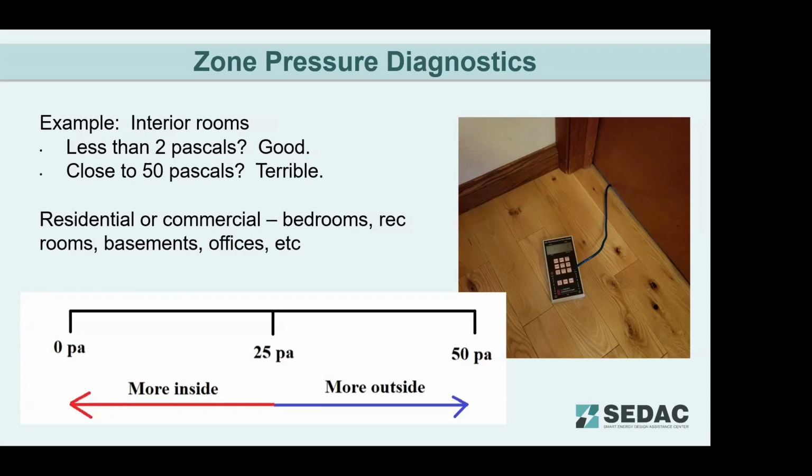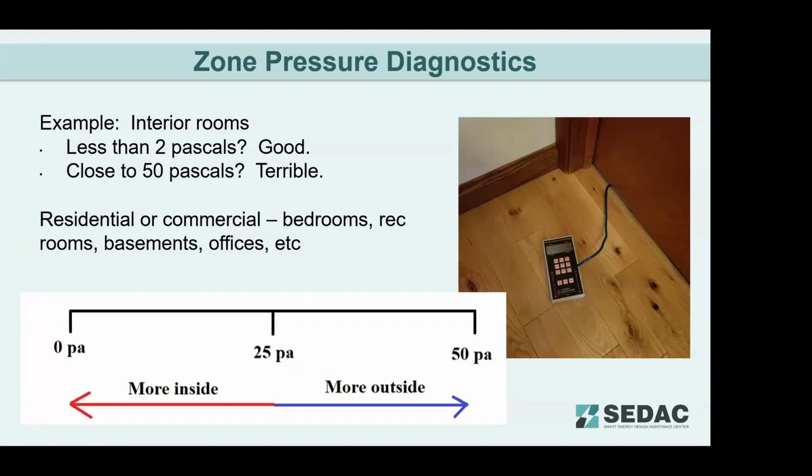On this particular scale, if you're doing a CFM 50 test, your scale is 0 to 50. If it's an interior room, you hope to be at 0 pascals, 1, 2 pascals, something close to 0. Let's just call it less than 2. But if it's an interior room and it's 25, 30, 40, 50, you've got a major problem.